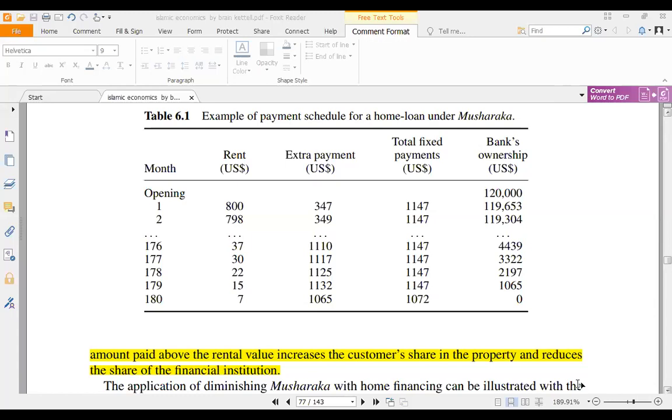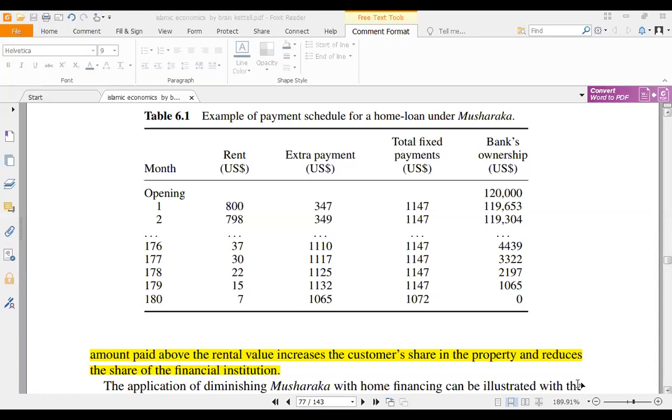Here, the client makes a partnership with the bank to buy a home. This partnership is held with a share of 20% for the client and 80% for the bank.